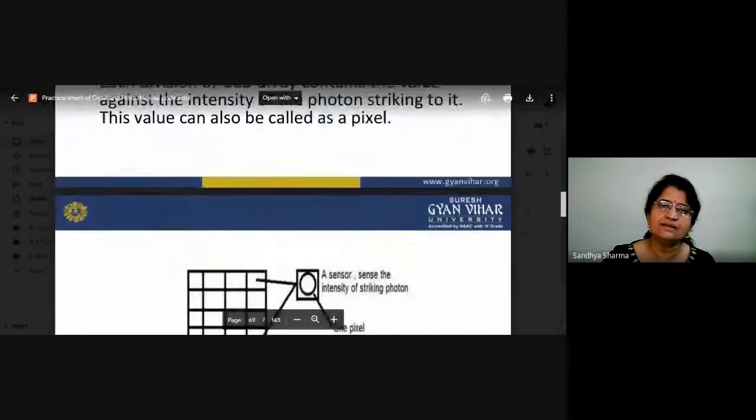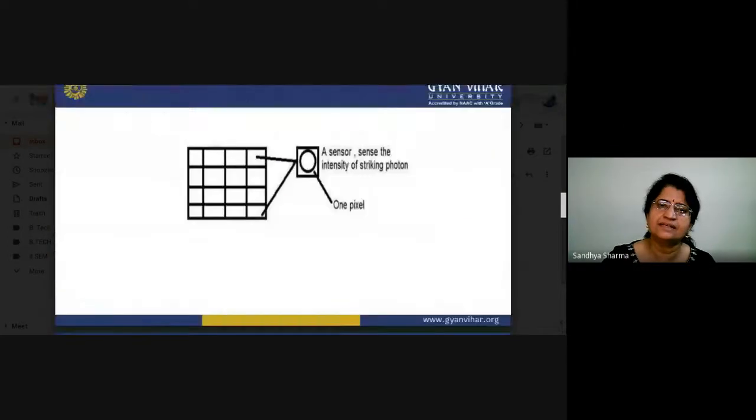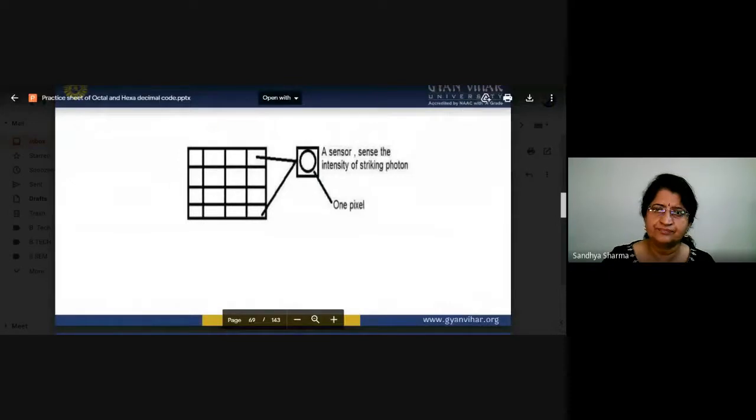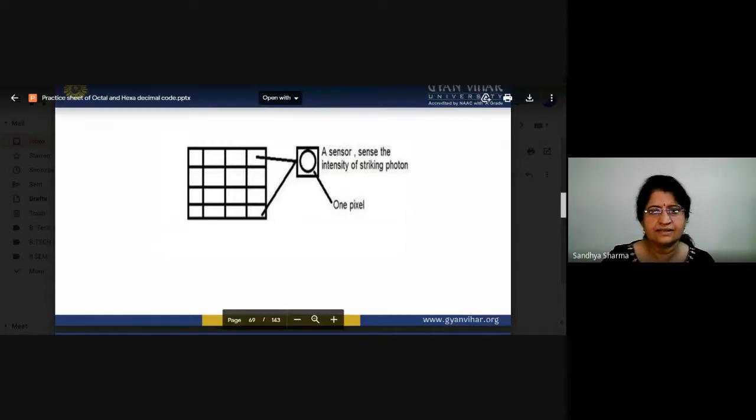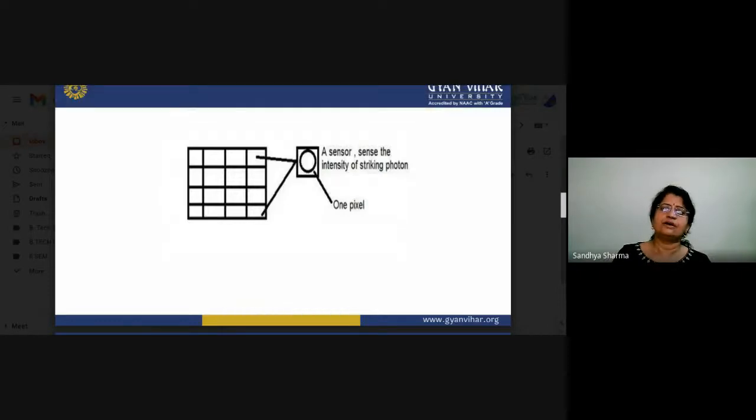You can see here, this is a sensor that senses the intensity of striking photons, and this is also just a pixel. So pixel is basically a representation of the amount of intensity of light which is striking that particular point.